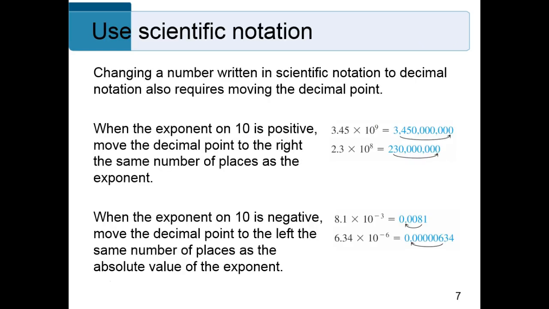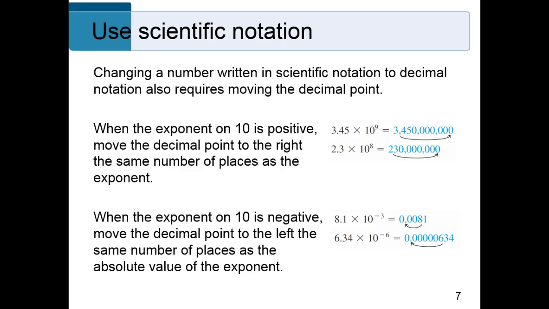What if they give you a number in scientific notation and they say they want you to write it with a decimal point? Boo hiss. What would you have there? 3.245 times 10 to the 9. That's going to be a big number or a small number? Big number. And what would it be? Now, here's a key, 10 to the 9.